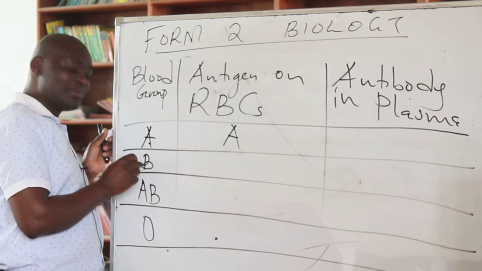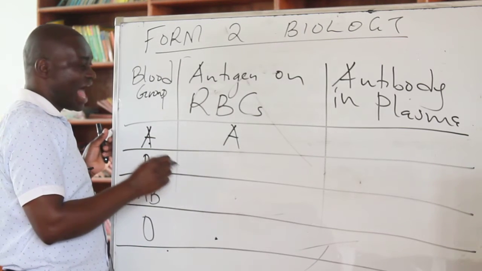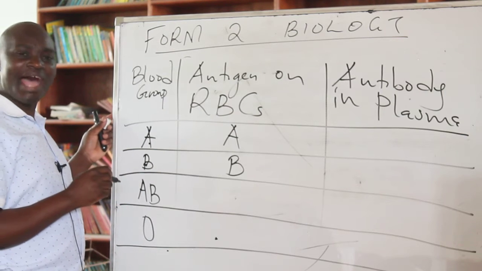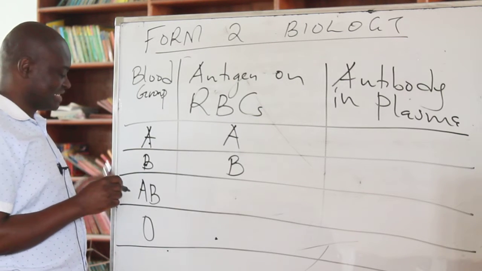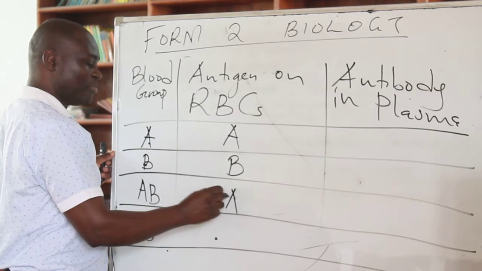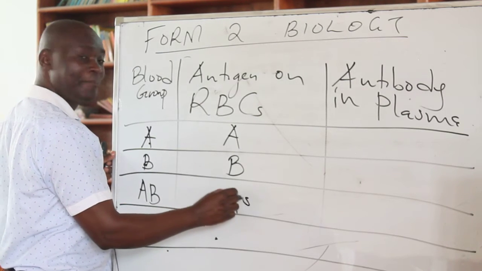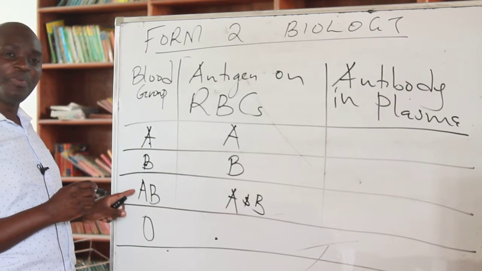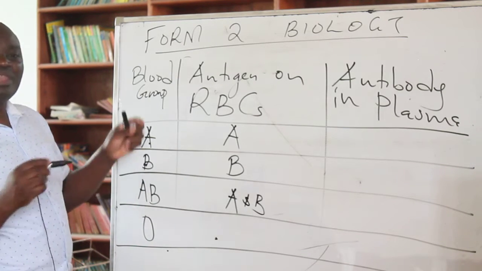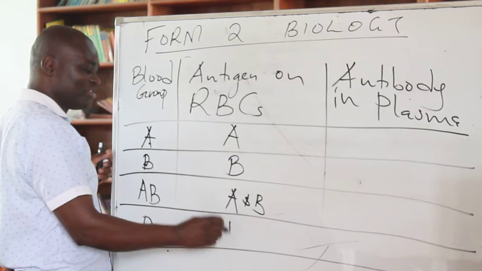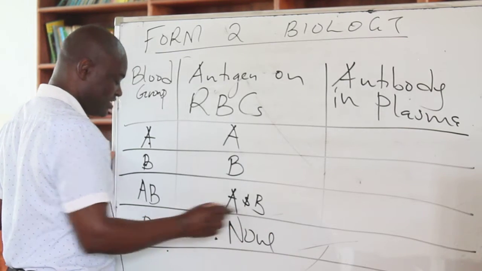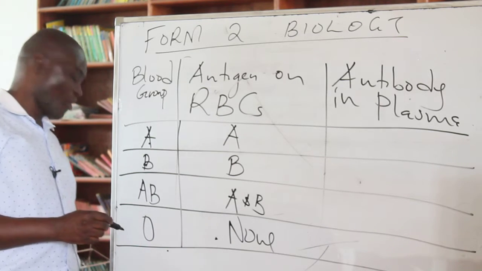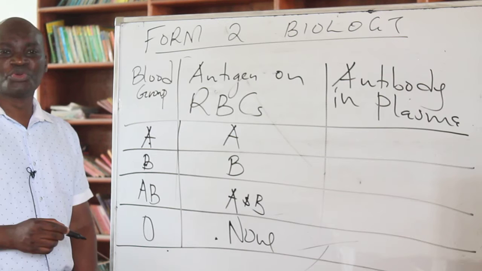A person of blood group B has antigen B. When both antigens A and B are present, then you will have blood group AB. If you lack the two antigens, meaning you have none, then you are categorized as blood group O. That one we have understood very well.